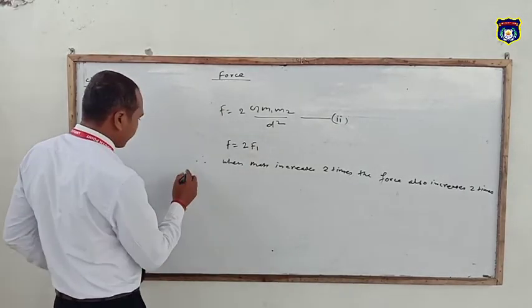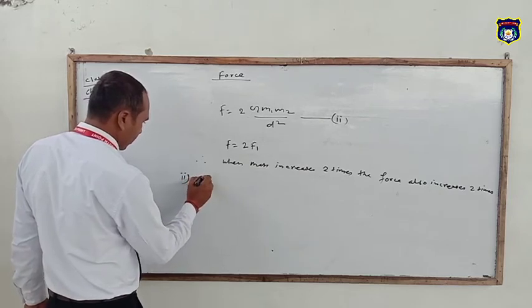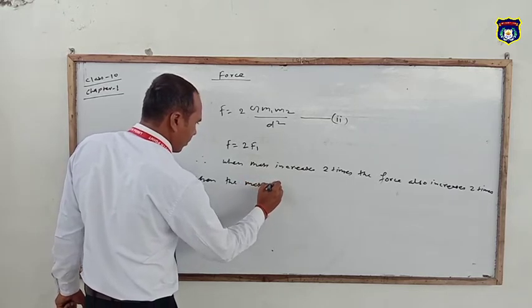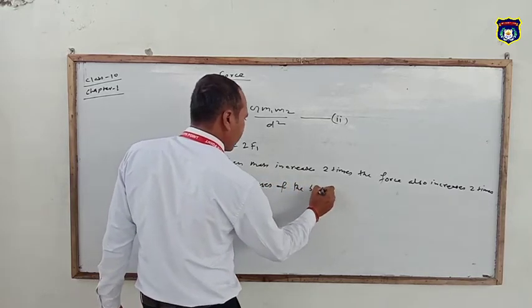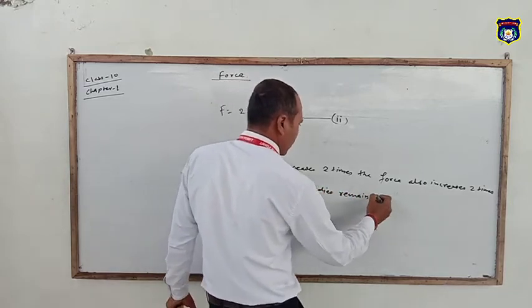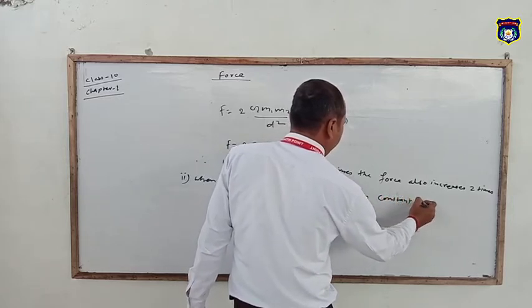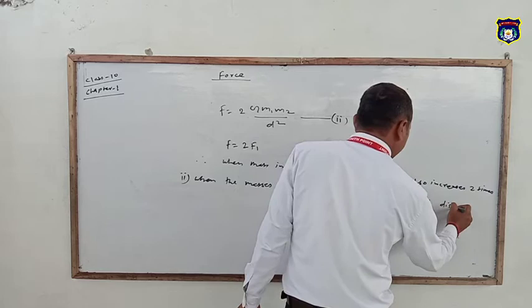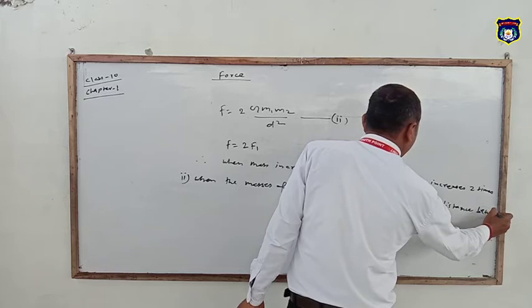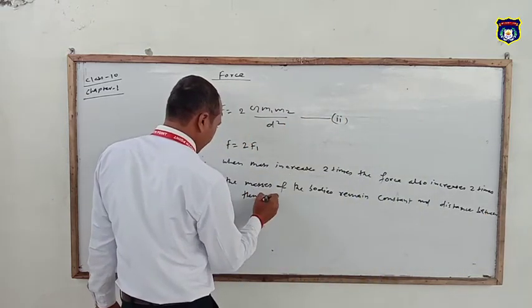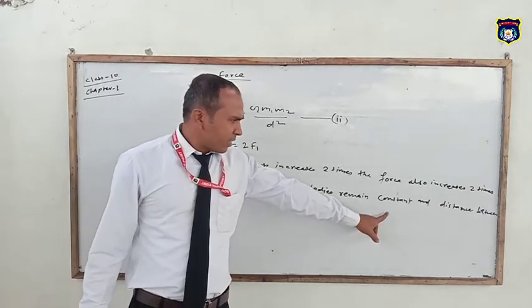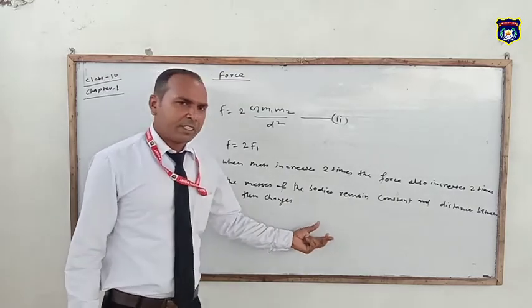Another case: when the masses of the bodies remain constant and the distance between them changes, then what happens?